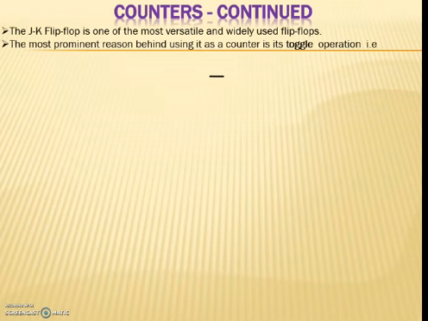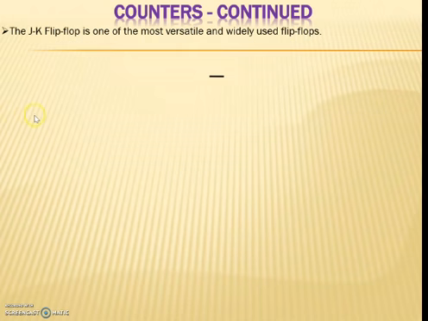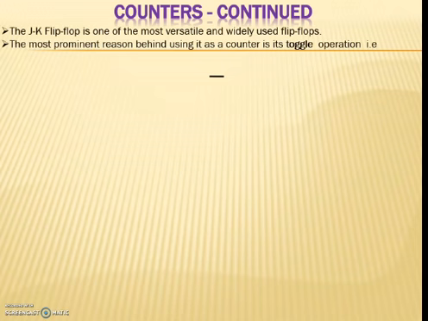Now coming to the basic building blocks of a counter. As I said earlier, digital counters are made up of flip-flops. We have seen various types of flip-flops like RS, D, JK, T and master slave, etc. Among these flip-flops, the three flip-flops, namely JK, T and D flip-flops, are used to build counters, right?